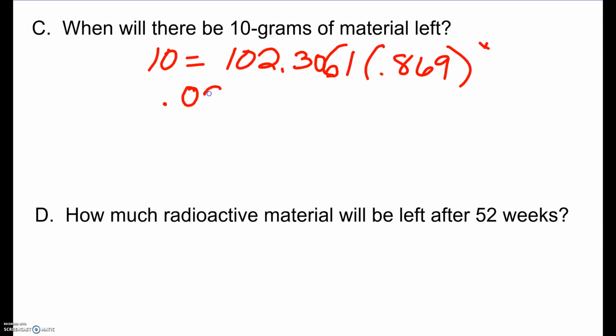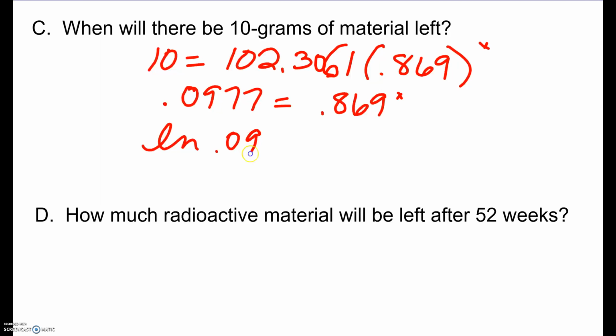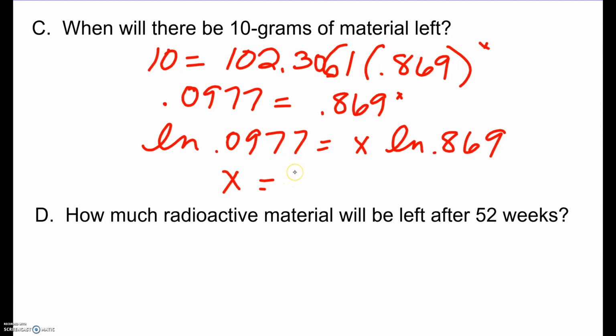That's 0.0977 equals 0.869 to the x. And take the log of both sides. Divide both sides by the natural log of 0.869. And you get x to be 16.6, or around 17 weeks there.